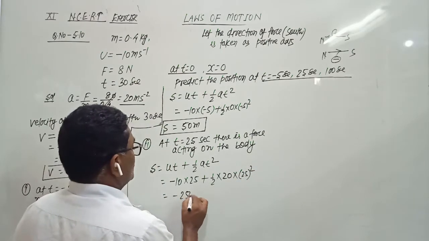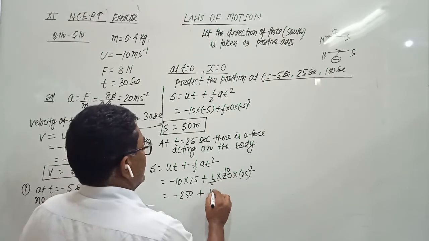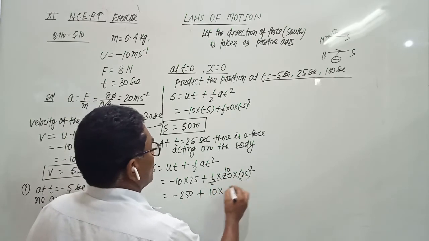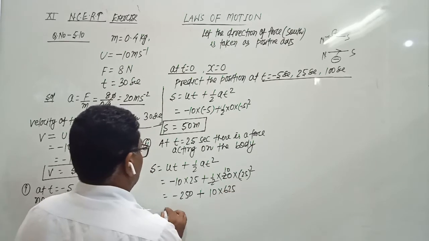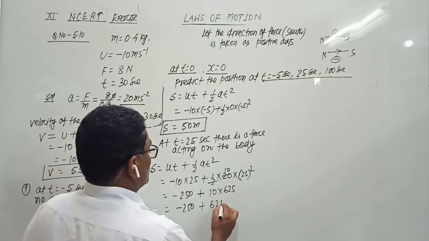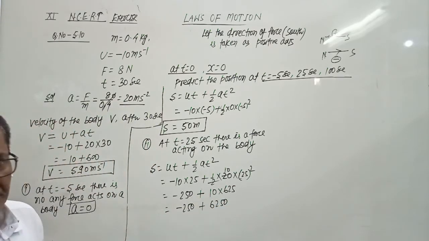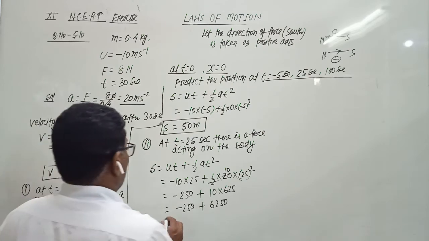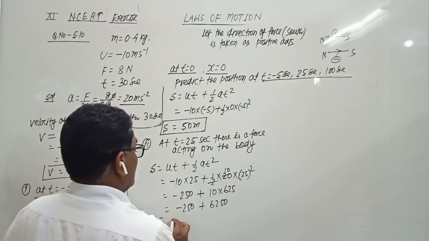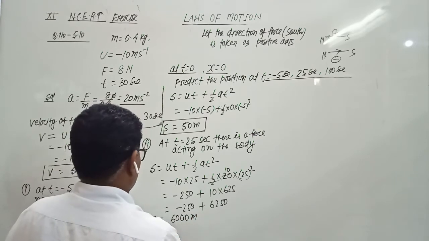So this is -250 plus 10 times 625, which is 6250, and S equals 6000 meters.